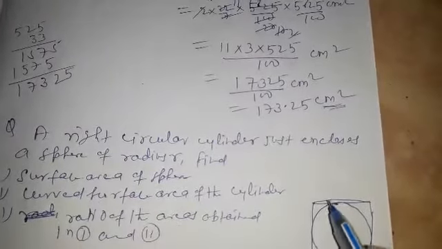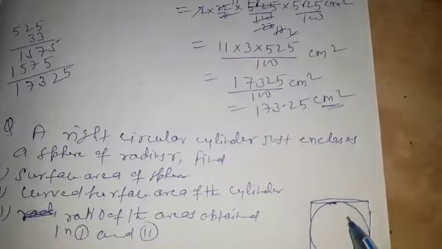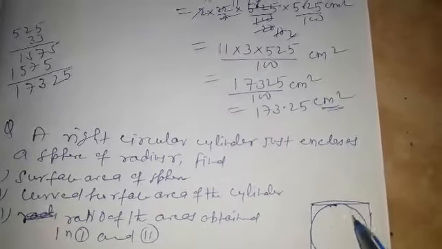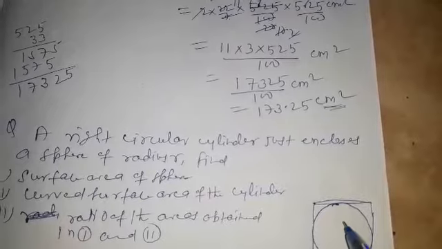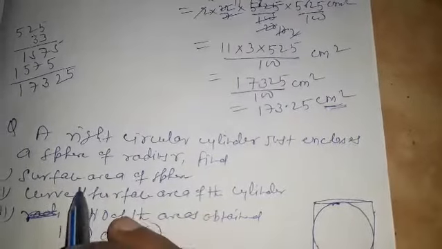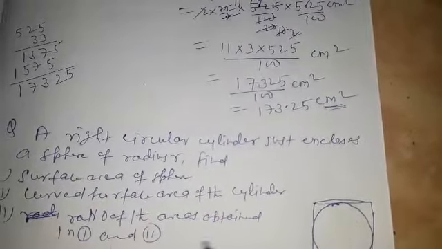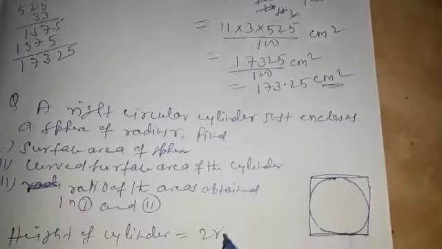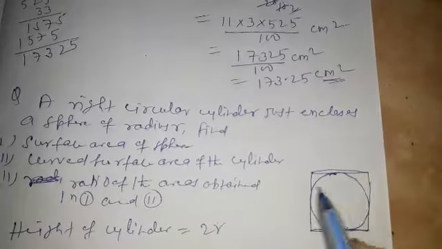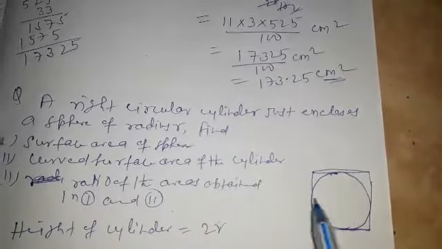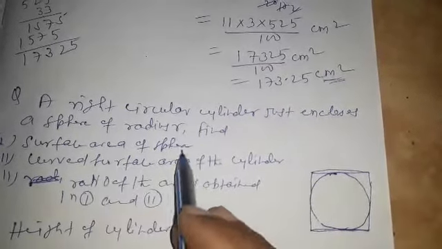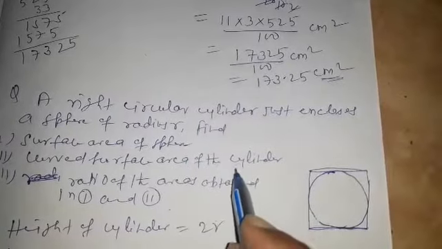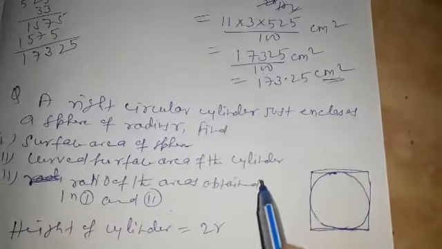Now, a very important question. A right circular cylinder just encloses a sphere of radius r. Now we have to find the surface area of the sphere, the curved surface area of the cylinder, and the ratio of the areas obtained in first and second. It means the ratio of the surface area of the sphere to that of the curved surface area of the cylinder.